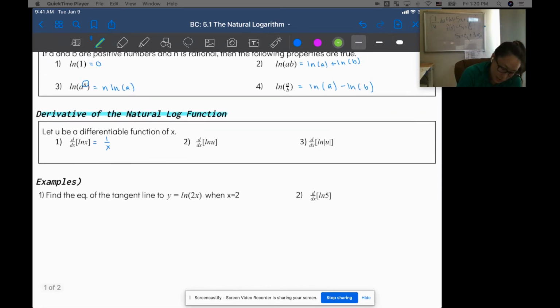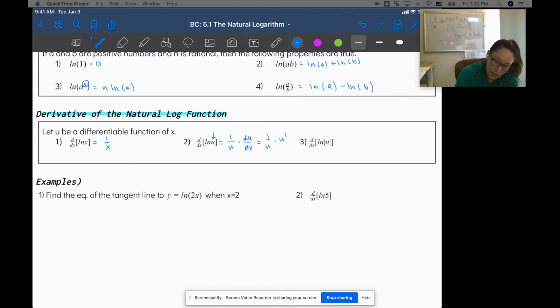All right, so the derivative of ln u, this is chain rule, would be 1 over u, the input here, times the derivative of u, so du dx, or we can write that as 1 over u times u prime.